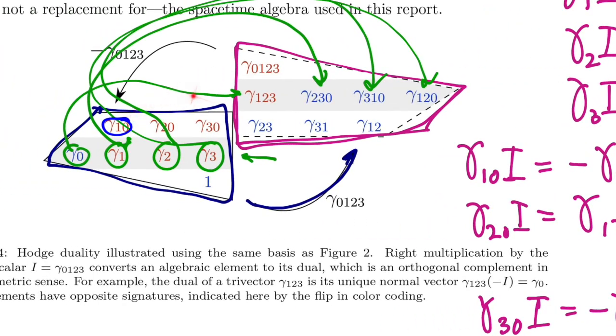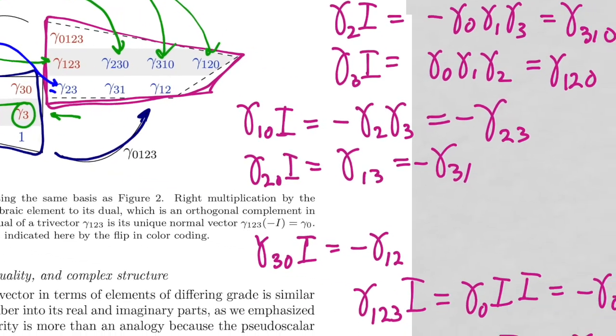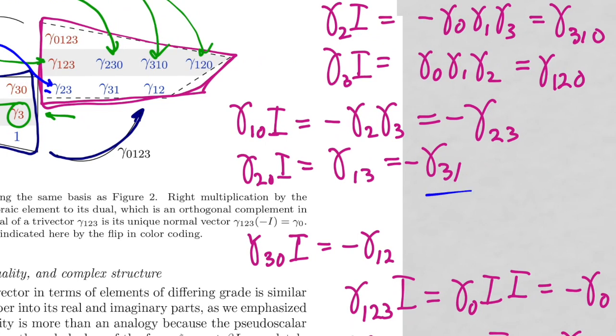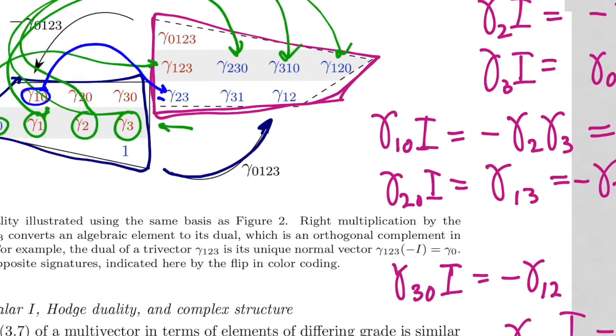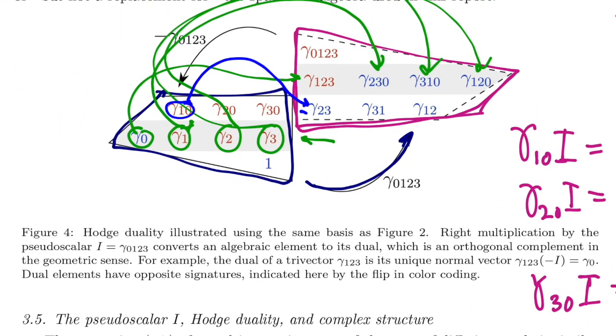So this dual goes to here, but there's a minus sign introduced. Gamma 2, 0 likewise gives you minus gamma 3, 1, and gamma 3, 0 gives you minus gamma 1, 2. So this goes here with a minus sign, and this goes here with a minus sign.